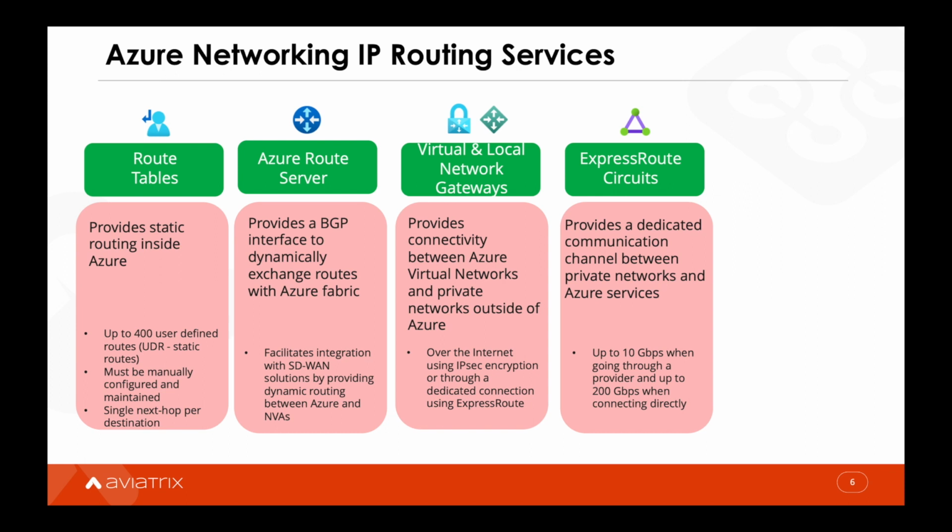Additionally, it's important to know that Azure doesn't allow communication between remote sites connected by ExpressRoute and remote sites connected by IPsec VPN by default. So if you have your virtual network and then you have both a VPN gateway and an ExpressRoute circuit, and you have some branches connected via the VPN and your data center connected over ExpressRoute, those branches cannot talk to your data center through Azure.